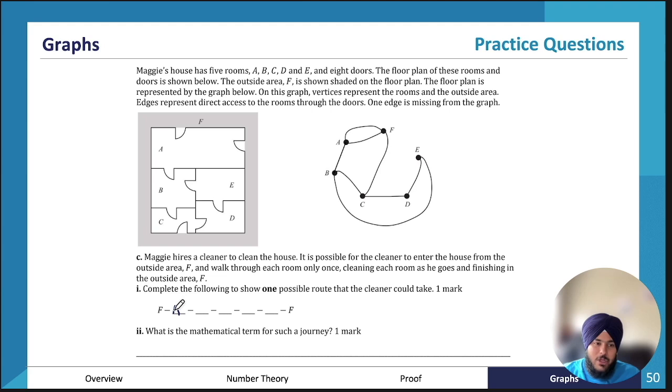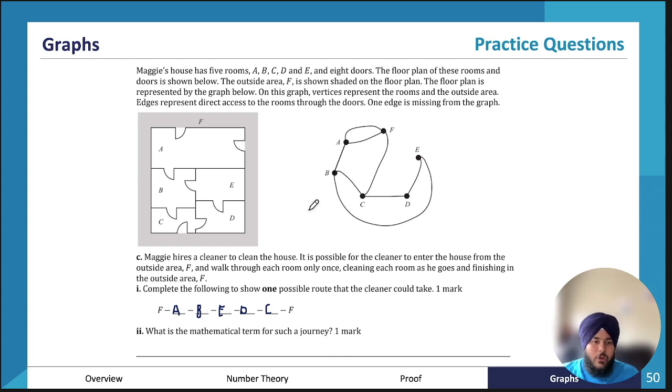Usually for these types of questions, there are multiple answers. So if you write it the other way around, that's fine as well. A, B, then E, then D, and C, and then finally F.